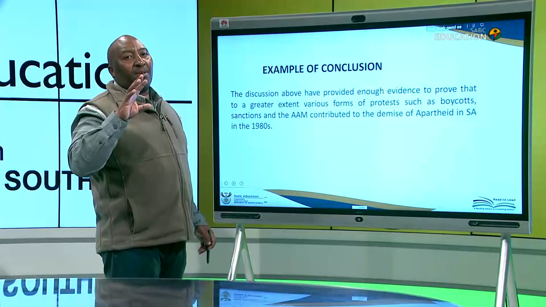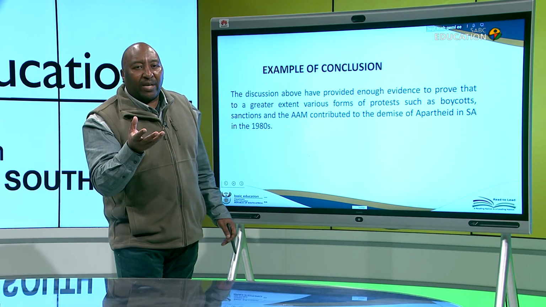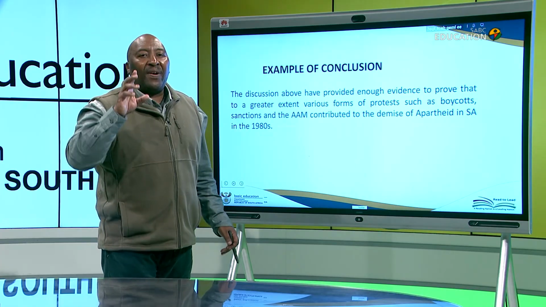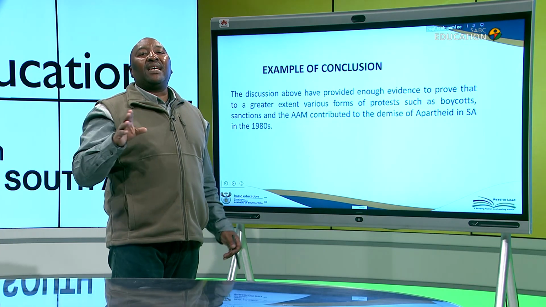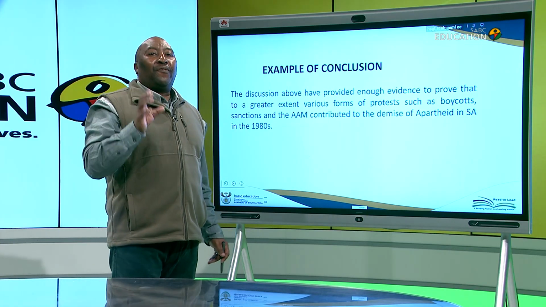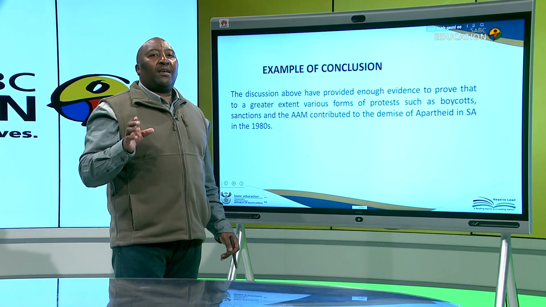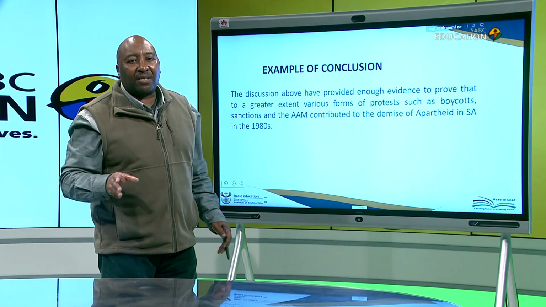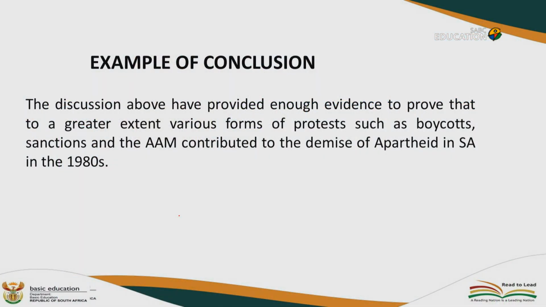Remember, I demonstrated the introduction. Now, I want you to take note of how this essay is concluded. Should you follow this pattern, I'm telling you, your essay will always be par excellence because you will be getting marks as you have written a properly contextualized and acceptable essay. Now, how do you write the conclusion?